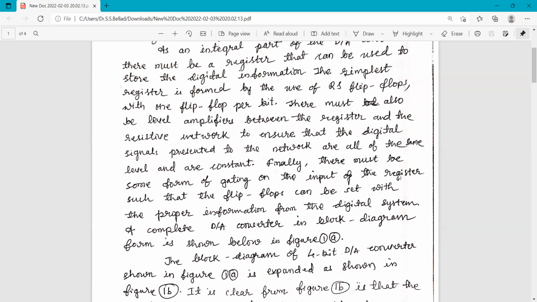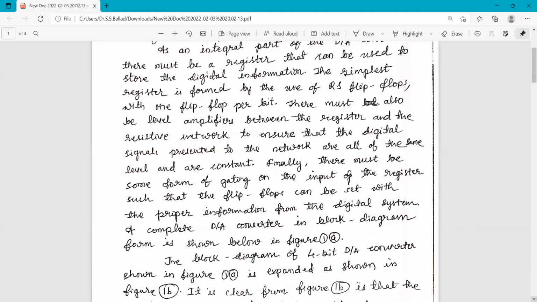Because of that reason, this gating system is required before the registers or the RS flip-flops. I will show you in the next circuit diagram. So a complete digital to analog converter in block diagram form is shown below.